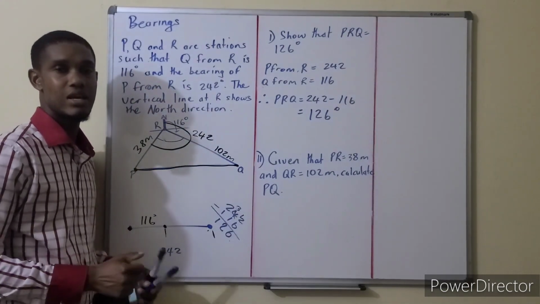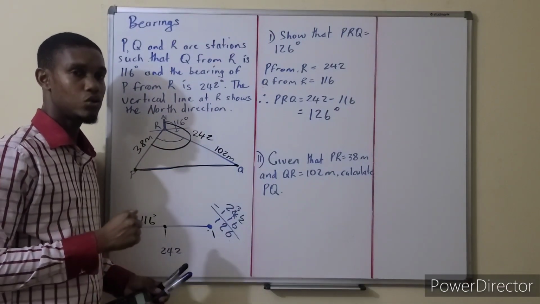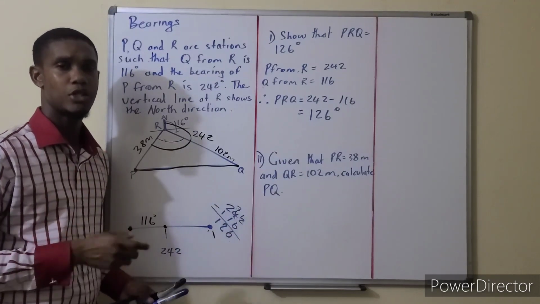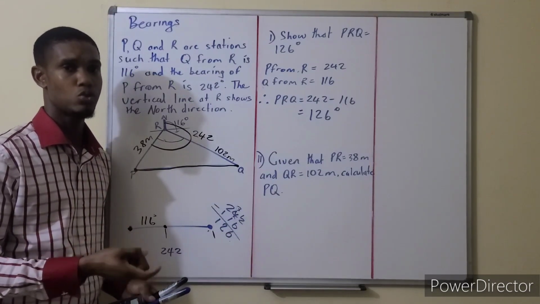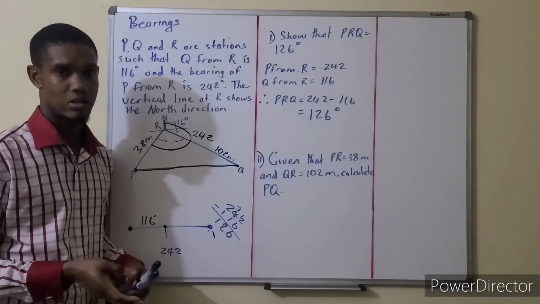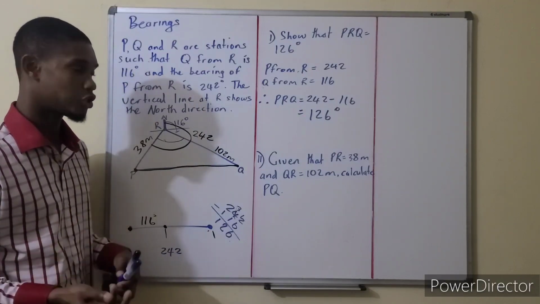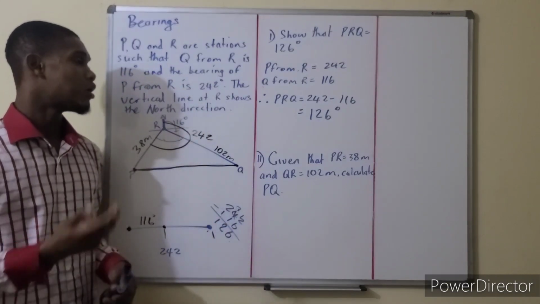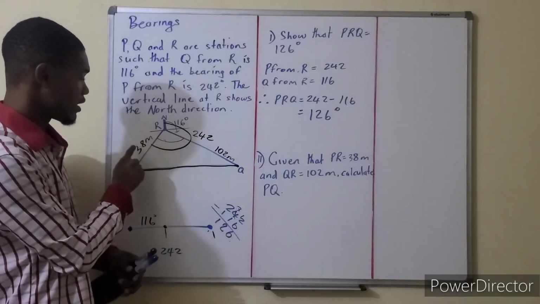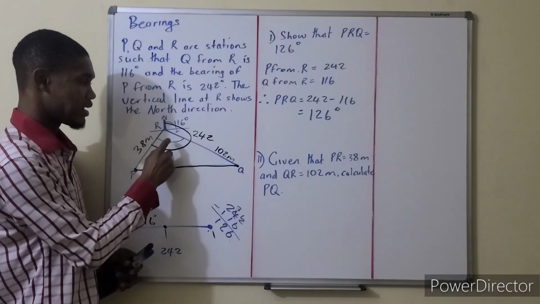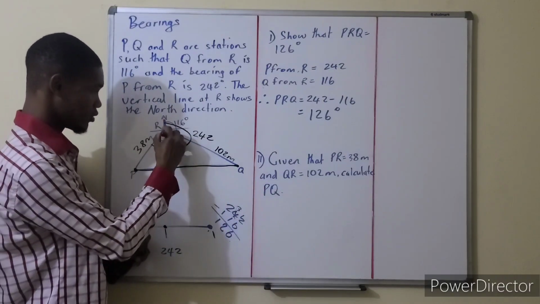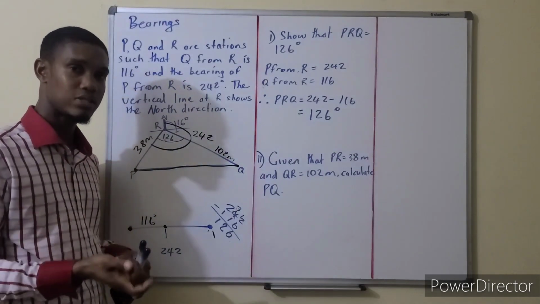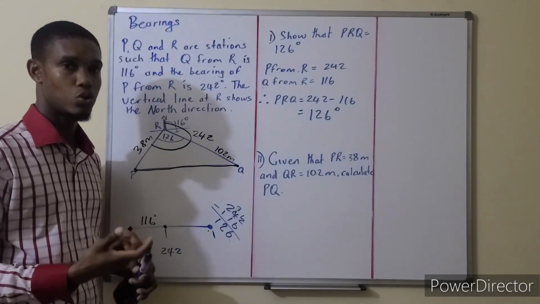Now to calculate the length of a line using bearings, you can use trigonometry, you can use sine rule, cosine rule, depending on what the question is asking you and how it's structured and where the values are given. In this particular case, the fact that you have two sides and an angle, which we consider as being an enclosed angle, means you have to use the cosine rule.